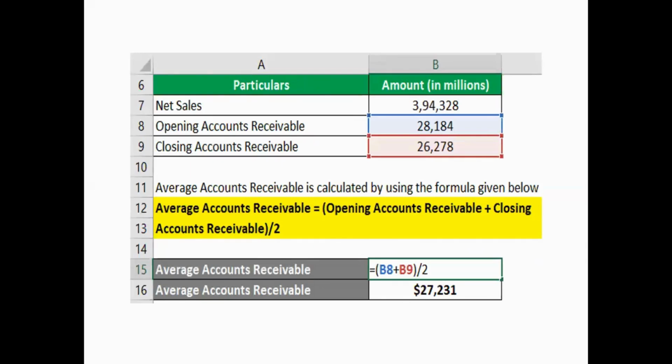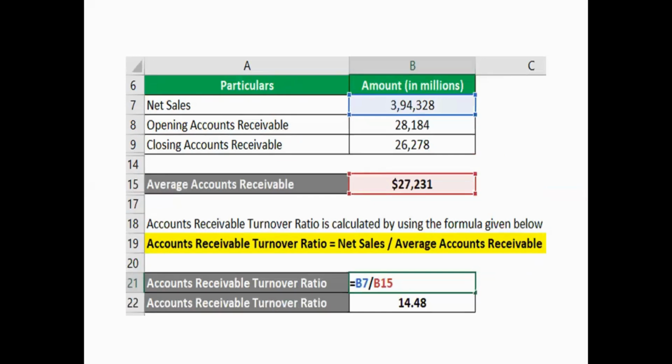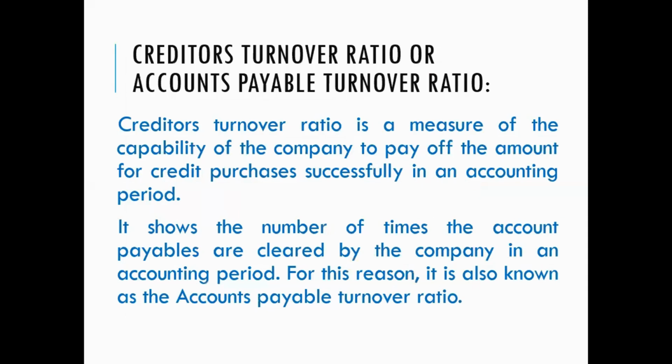Here we show how we calculate average account receivables. And after applying, we receive the account receivable turnover ratio of 14.48%.